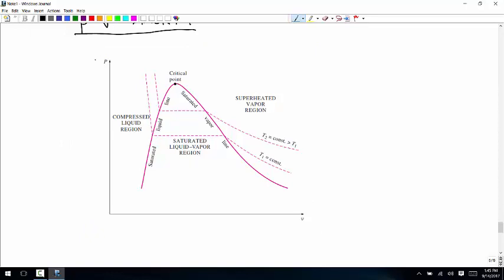This is the PV diagram, the pressure specific volume diagram. So you have pressure on the vertical axis, the specific volume on the horizontal. This is the vapor dome.